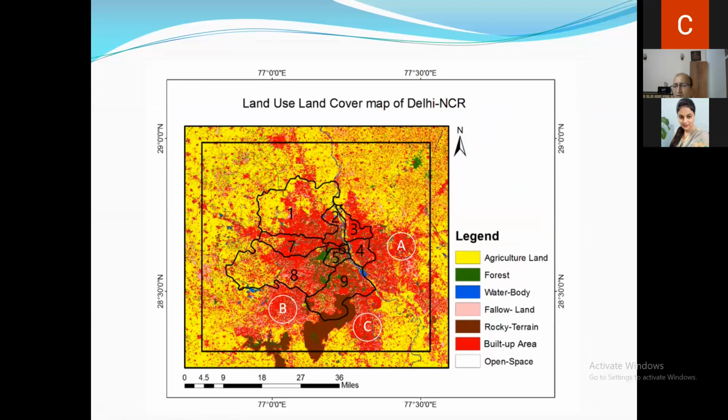This is not a very accurate map, a fairly old one, but it still captures the urban built up area. These are the surrounding towns: Faridabad, Gurgaon, and the twin Noida and Ghaziabad area. The yellow surfaces are agricultural land surrounding Delhi, and there are some open spaces and fallow lands depending upon the crop cycle.